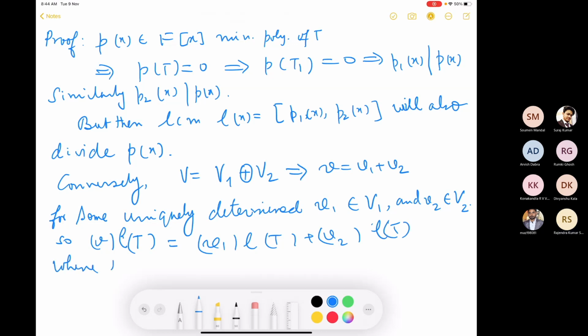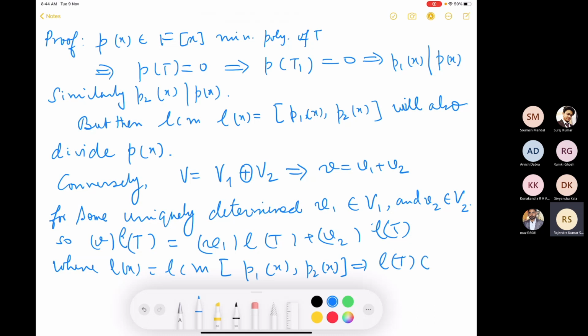So L(T) is a linear transformation on V.